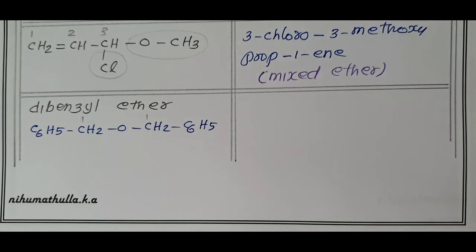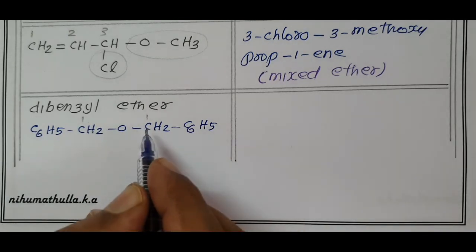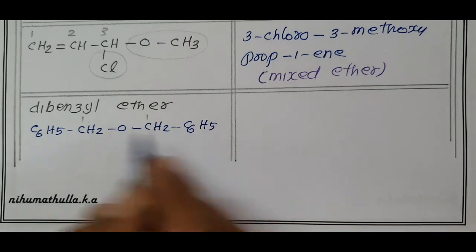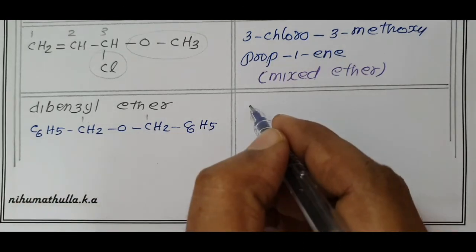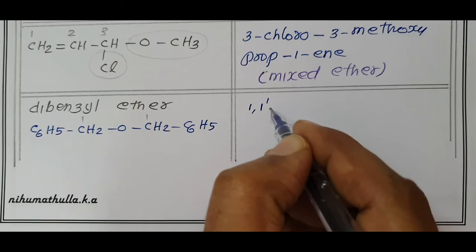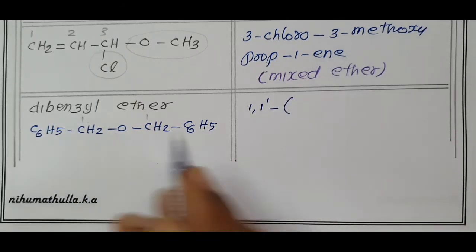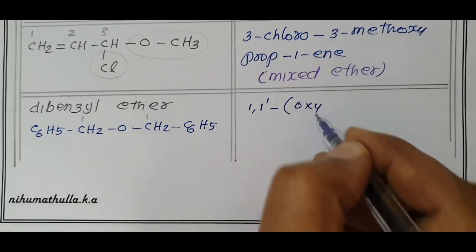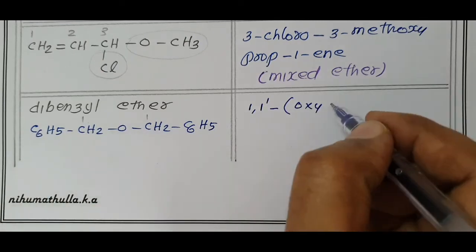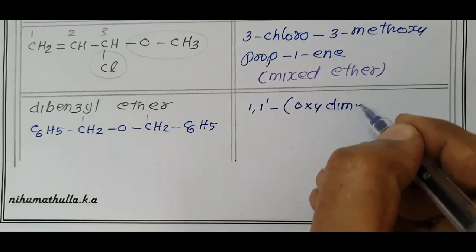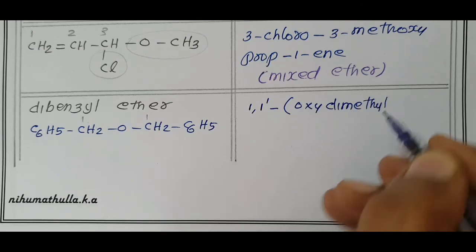Now I write the IUPAC name. The position of phenyl is first carbon, comma, 1 dash carbon. And oxy. How many methane we have? 2 methane. Therefore, dimethane.